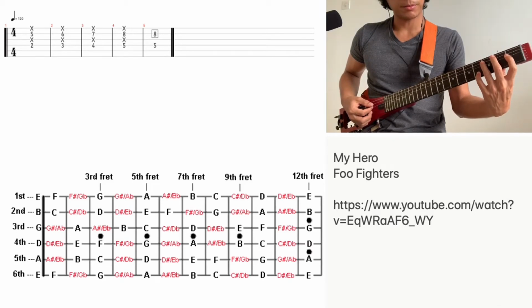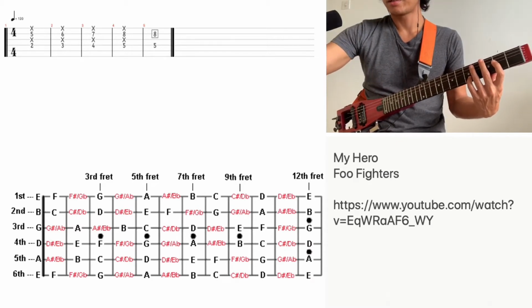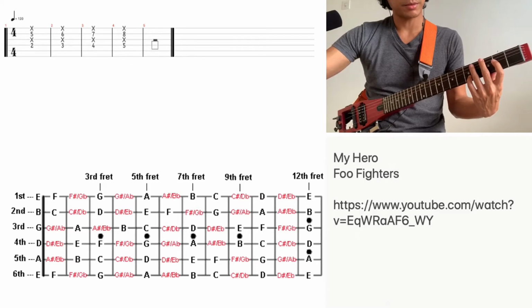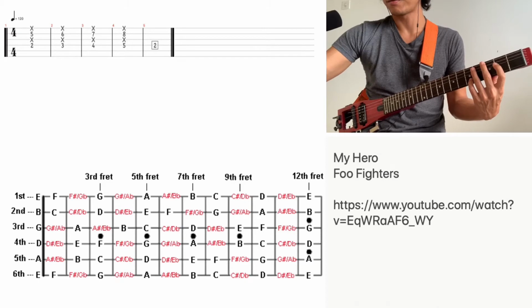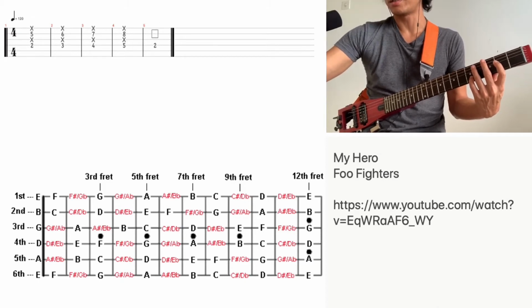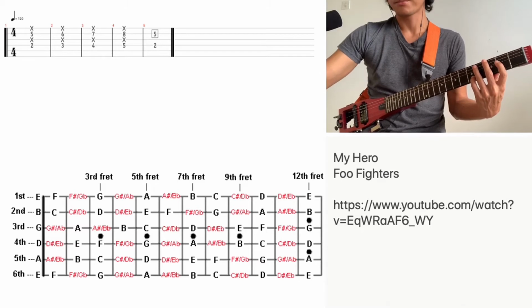So from here, we just learned the E. Okay, so that's the E. I'm going to write down this chord again. So 2 and 5. So this is the E octave. I'll just put the name there.